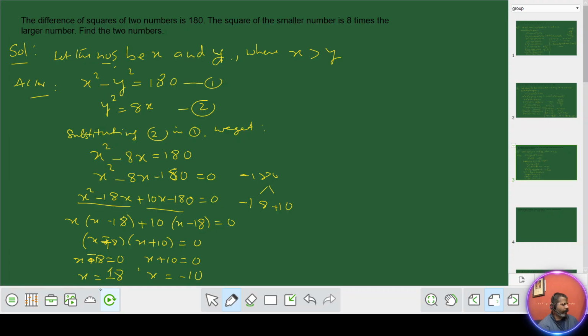Okay. So values for this are x plus 18, x minus 10. Since we have two numbers, we have to answer for each of them. If x is 18, what will be the y? Right? If x is 18, y square is 8x, right? We have the equation. We substitute in any of them.